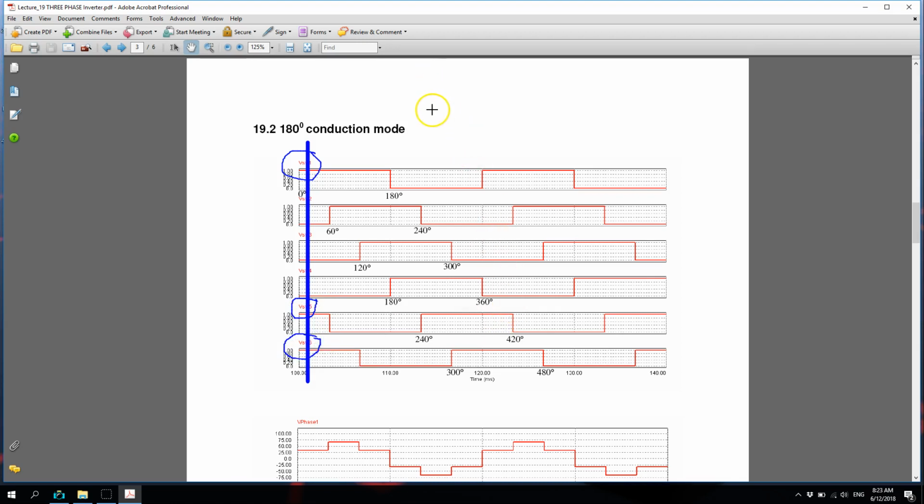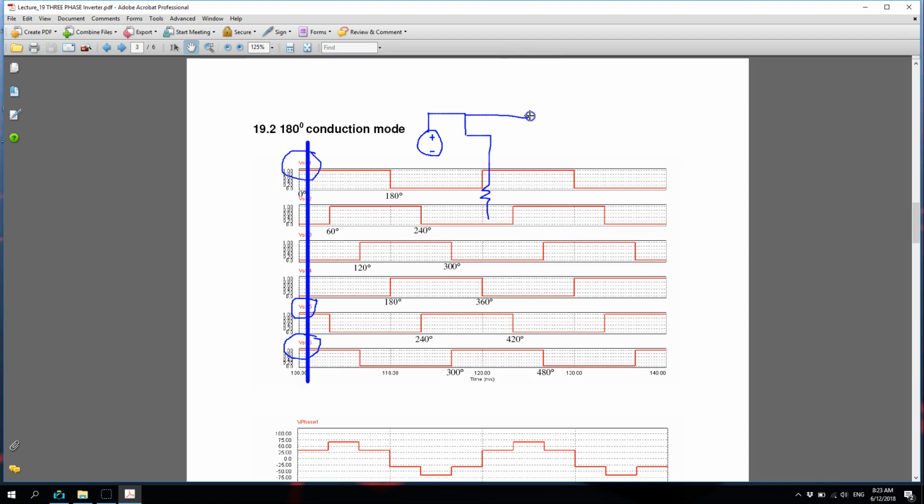So if I may sketch the equivalent circuit during that time, this is the input supply voltage. Again, sorry for the drawing. Switch 1 appears as a short circuit, and then you go to resistor 1, and at the same time you also have switch 5 on.